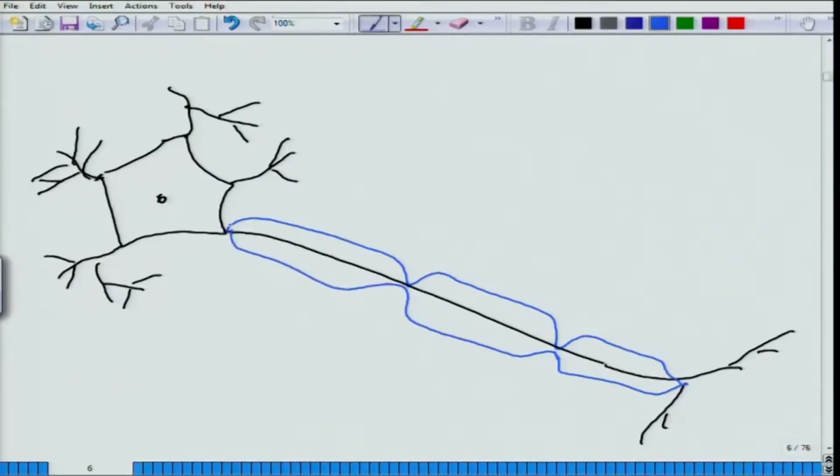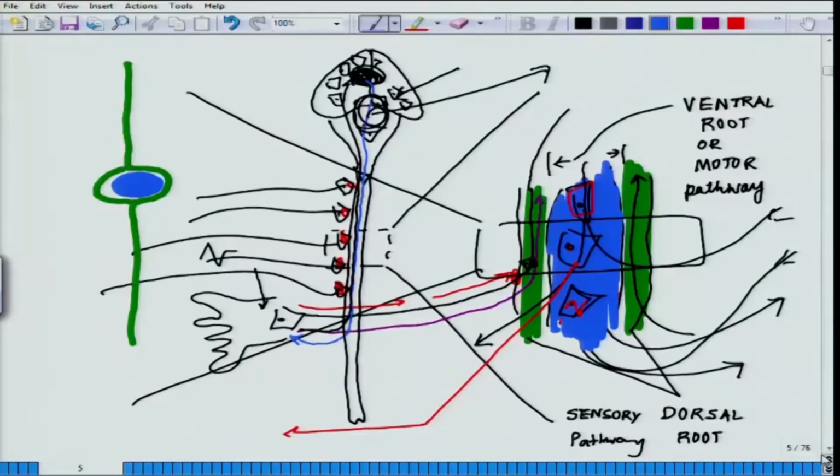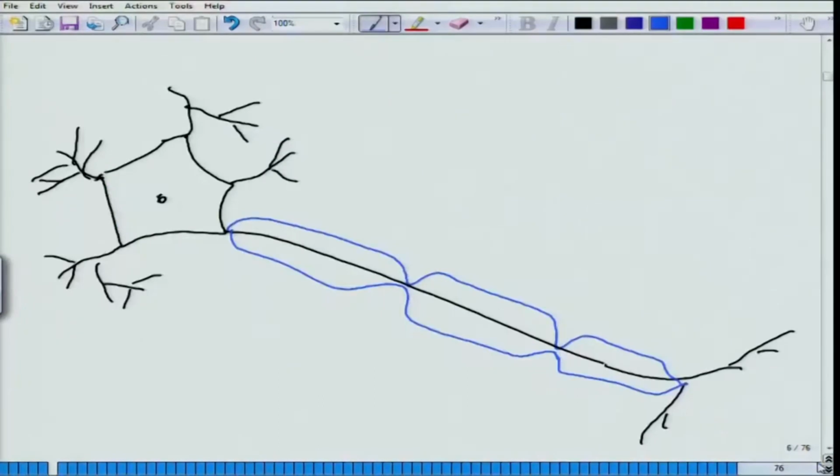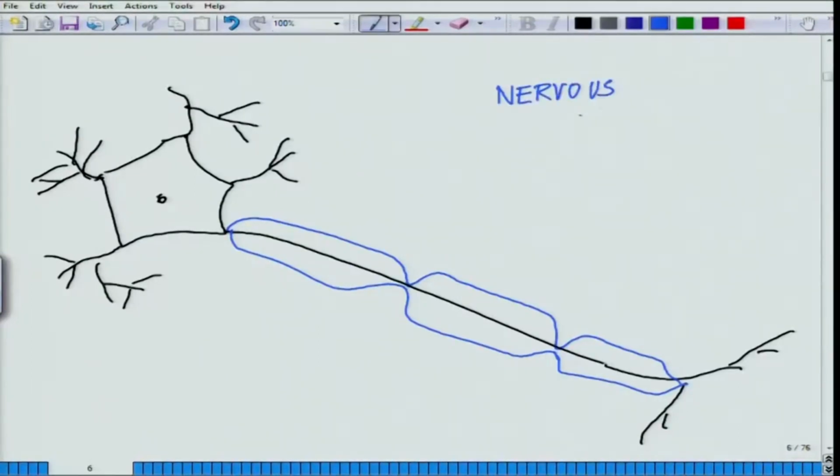One more thing which I just missed while talking about this: the nervous system consists of two different kinds of cells, broadly speaking. The one involved in all kinds of communication or signal transfer are called neurons, which we are discussing now.